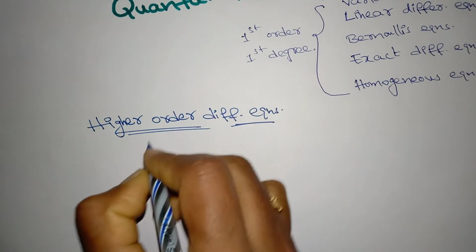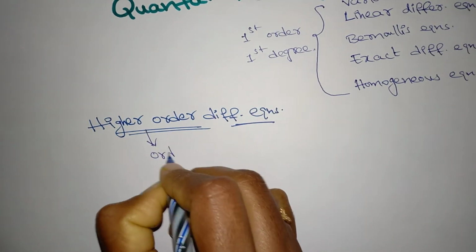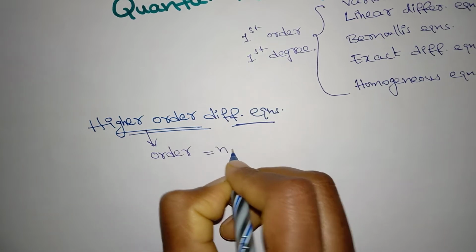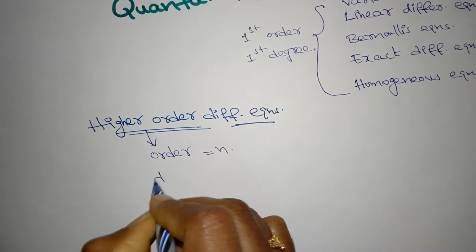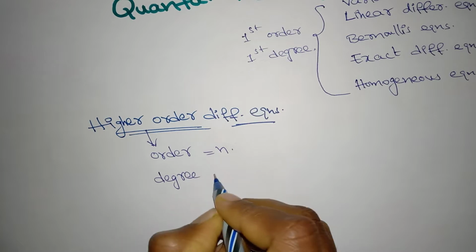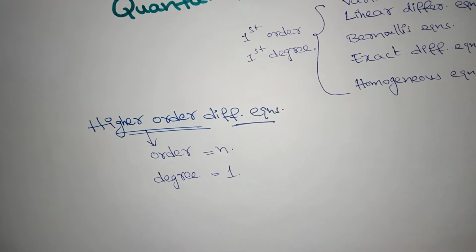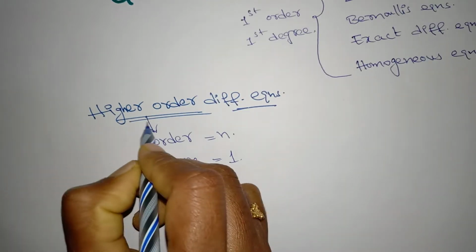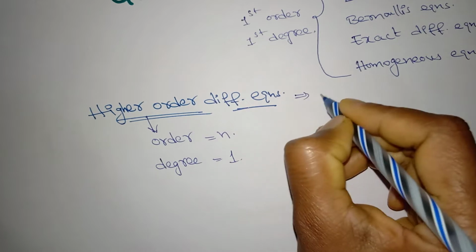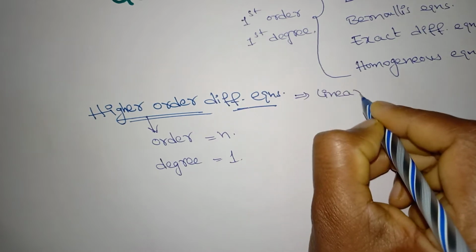Higher order means the order of the differential equation is n, and the degree will be 1. The standard form of the higher order differential equation is a linear differential equation.